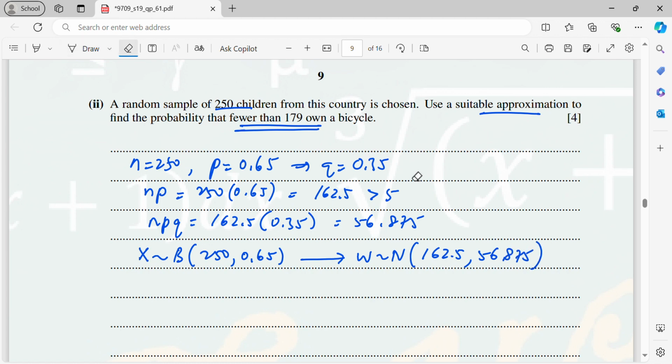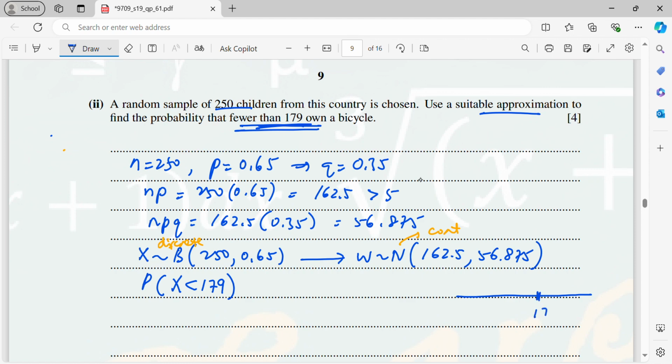Okay, then from here, you will have to calculate the probability that fewer than, so less than 179. So when less than 179, remember this is discrete. Binomial means discrete, but normal is continuous. So from discrete changing to continuous, we need to consider the continuity correction factor, which is plus minus 0.5.